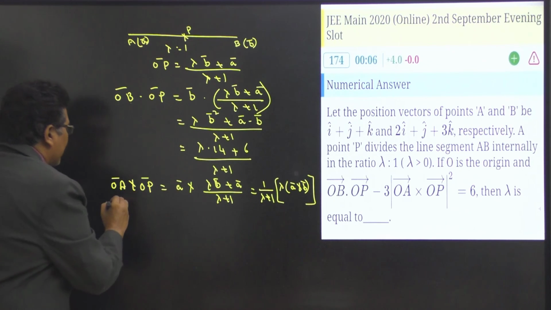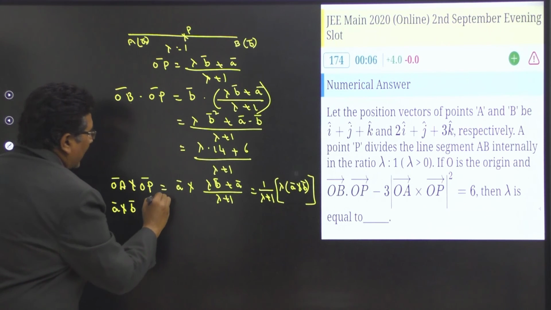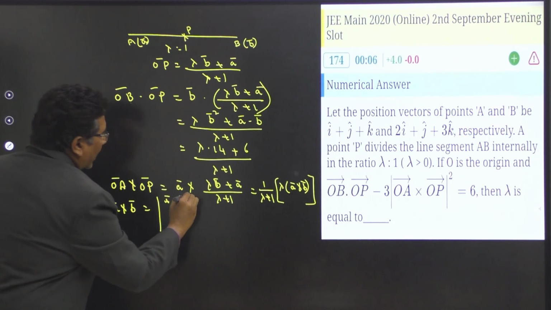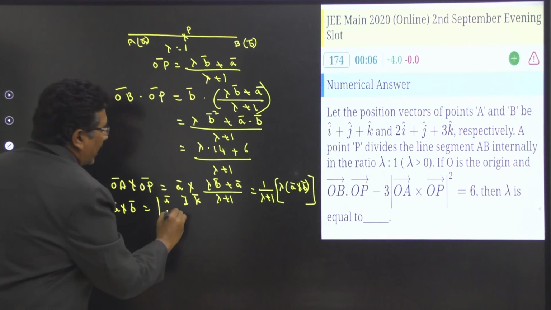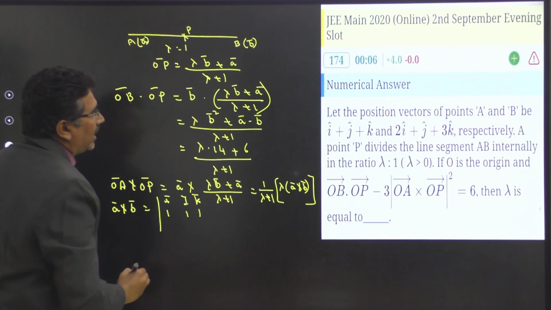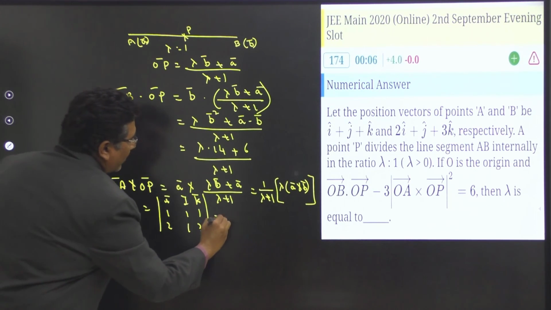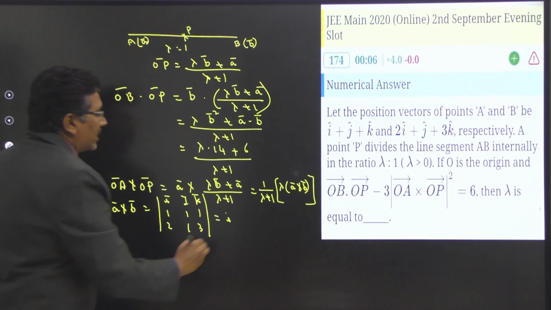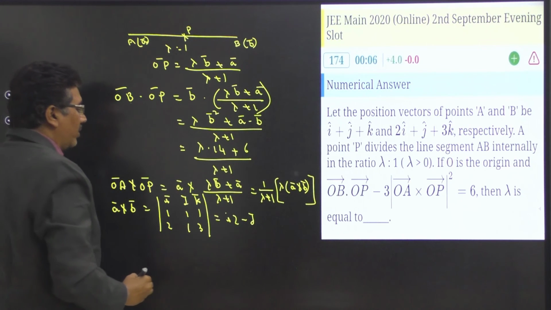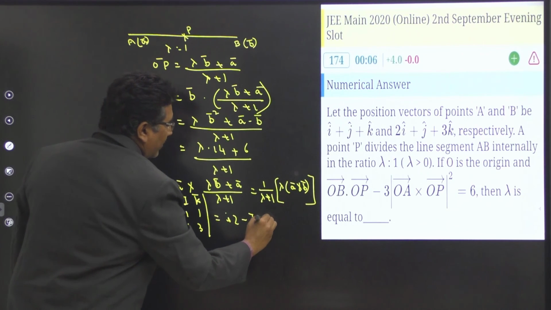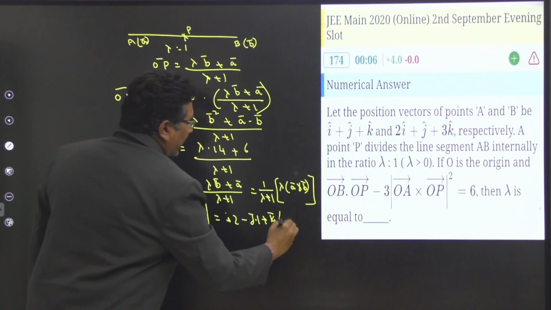Now what is A bar cross B bar? That is equal to the determinant of I bar, J bar, K bar; A bar is 1, 1, 1; B bar is 2, 1, 3. That is equal to I bar into 3 minus 1, that is 2, J bar into 3 minus 2, that is 1, plus K bar into 1 minus 2, that is minus 1.